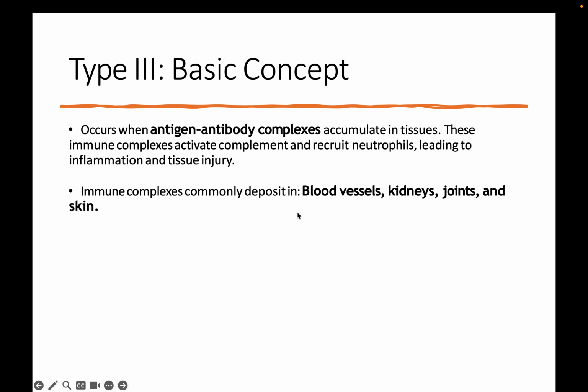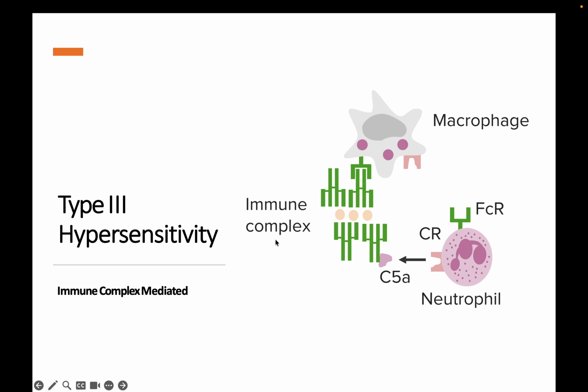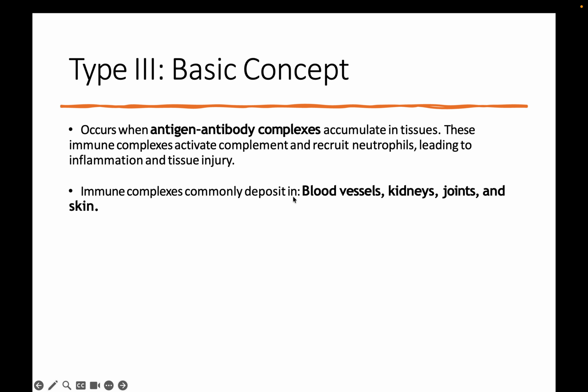The macrophage starts to eat them as well because they're depositing there. And that's where damage can occur. Because if this is just simply walking around in your blood, well, nothing happens really. Your macrophage comes and eats it up and that's it. But the issue here is that they deposit in certain organs that are so important that our organ becomes attacked.